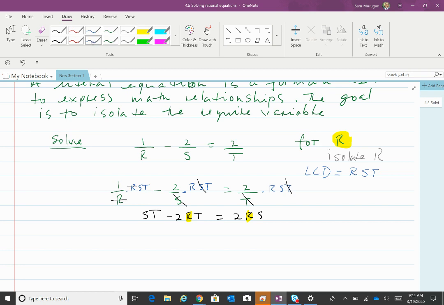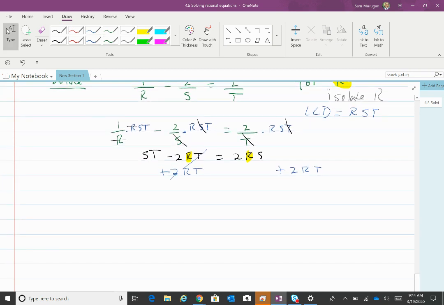So I'm going to step out on a limb here and go ahead and add 2rt to both sides. And that allows me to cancel it out from here. So I have st is equal to 2rs plus 2rt.